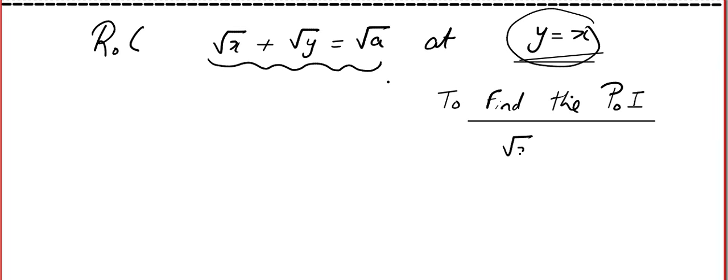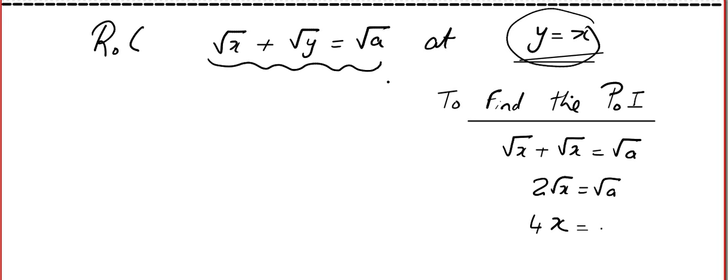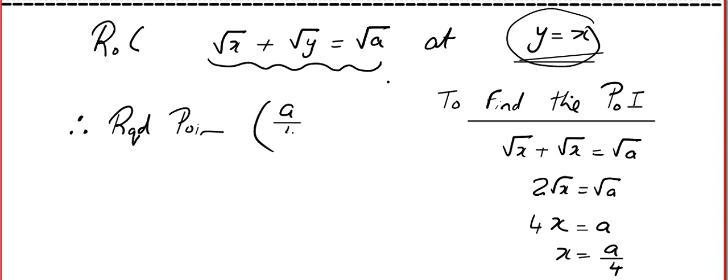So basically we get root x plus root x is equal to root a, or 2 root x is equal to root a, or squaring gives us 4x is equal to a, or x is equal to a by 4. Now look at this. At the point of intersection y and x are equal. So I can write, therefore, the required point or point of intersection is (a by 4, a by 4).